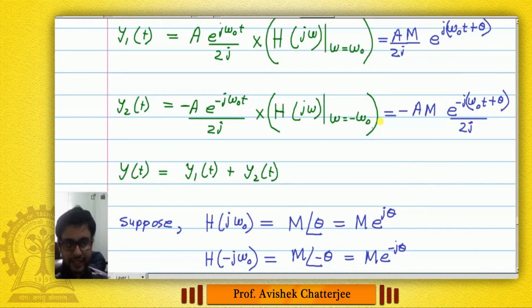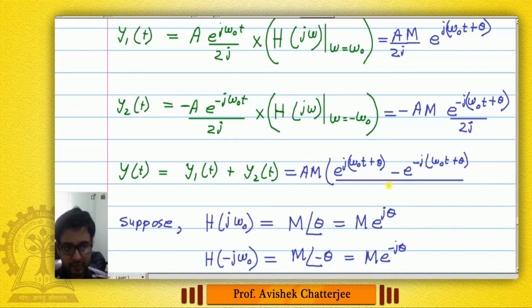Okay, then you may simplify this y. This is equal to these two terms together, so I will take am common, then we have e to the power j omega naught t plus theta, minus e to the power minus j omega naught t plus theta, and then divided by this 2j.